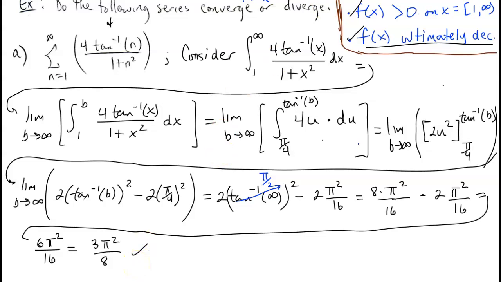And the main thing here is that our improper integral converges because this is a real number. I'll write it like this. Since what we're dealing with here is a real number, this means that our improper integral converges, which also implies that the original series that we were asked about will also converge as well.